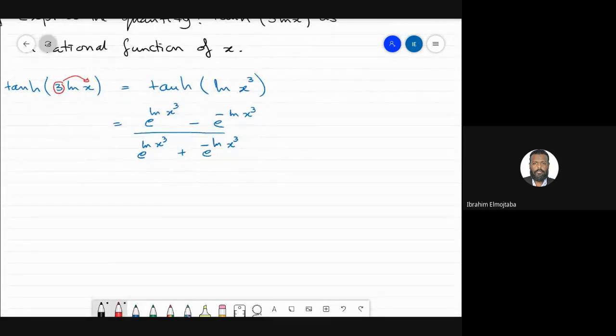الآن same as what we did before, this one will go here and this one will go here, the 3.